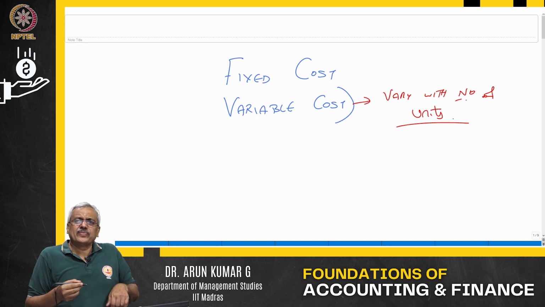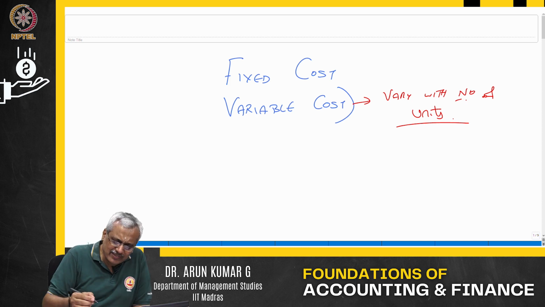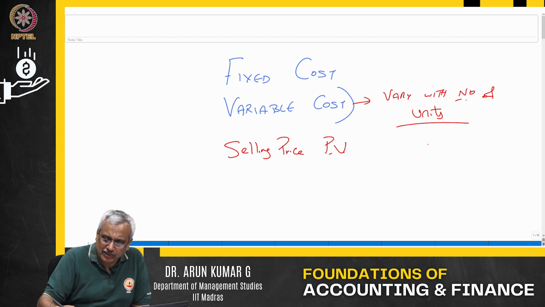So, now let us get to slightly numbers. I am going to use some basic numbers. Say my selling price per unit of a particular product is 100 rupees.